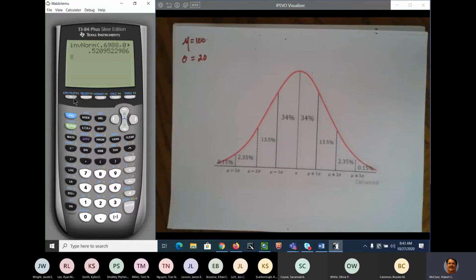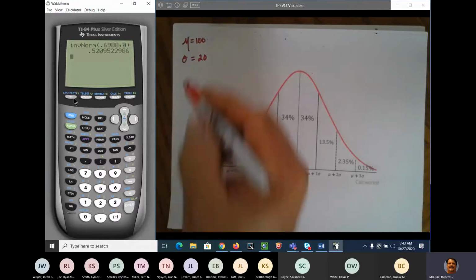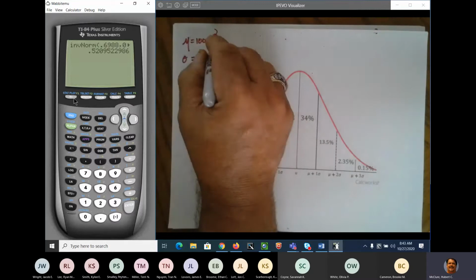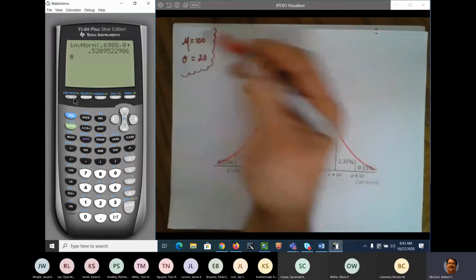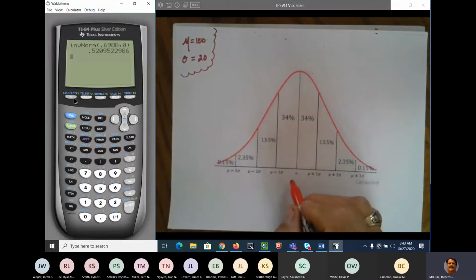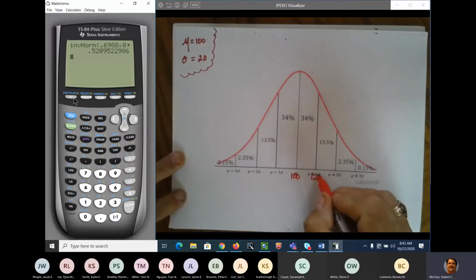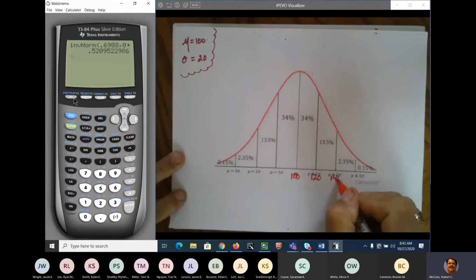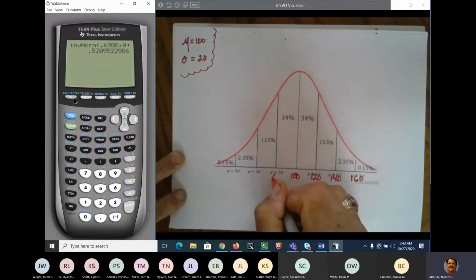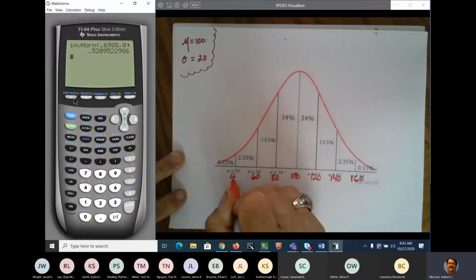So the first thing you do when you see one of these is figure your scale on the bottom. That's going to be 100, 120, 140, 160, 80, 60, and 40.